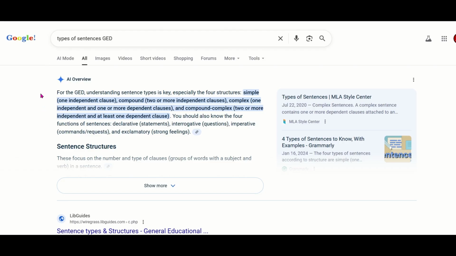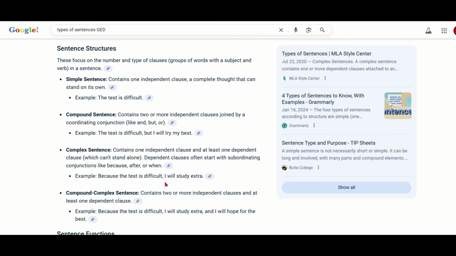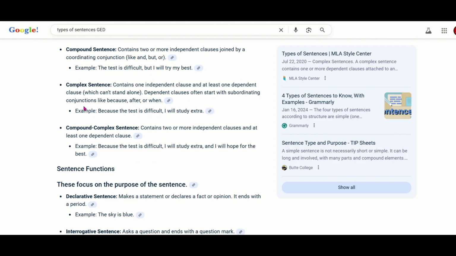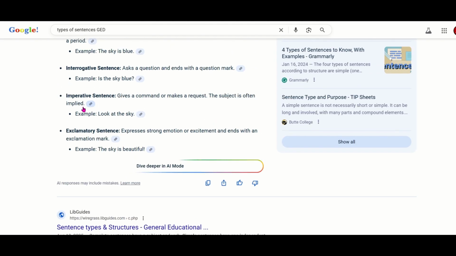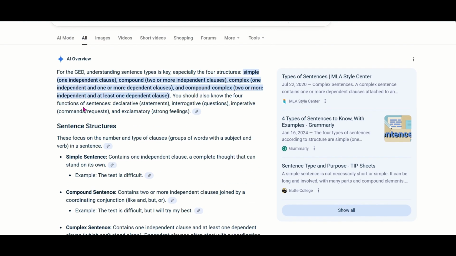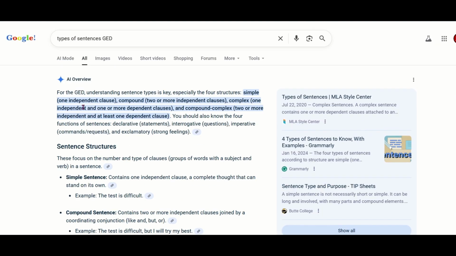So like always, Google will give us an AI overview, and it's going to tell us the different types of sentences. And we already know this, folks. We've just reviewed them: simple, compound, complex. And I'm going to click show more here, and it'll give me information about the sentence structures. All of the things that we just learned in this video, it's going to share here, and it'll give me an example. So definitely make sure you are using technology wisely to help you study.